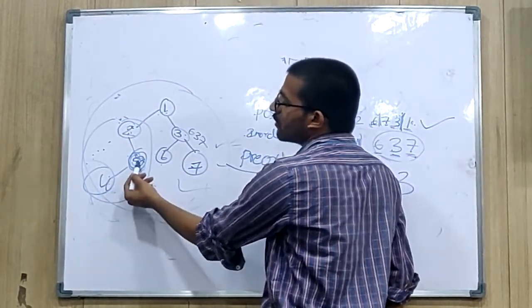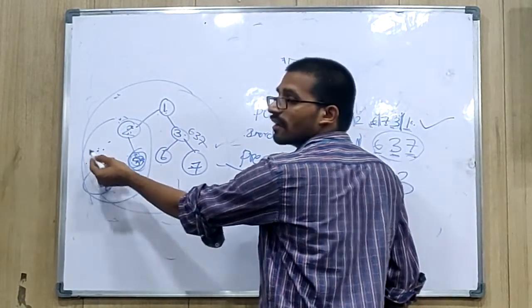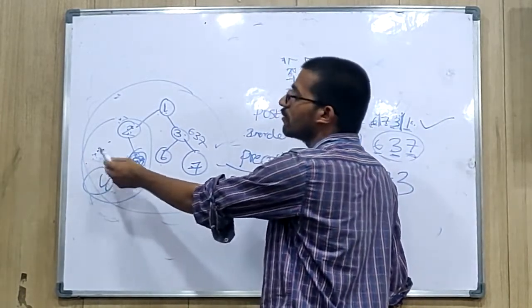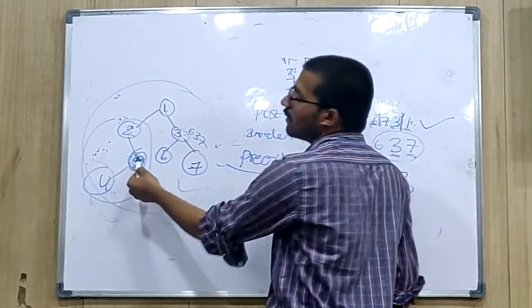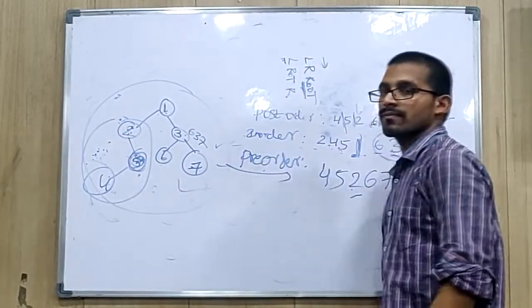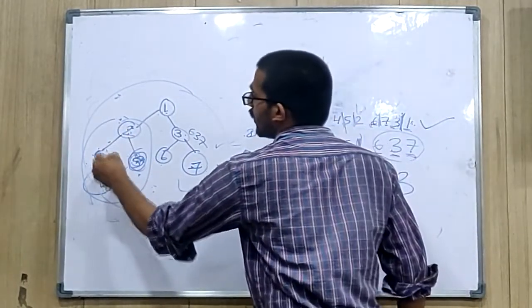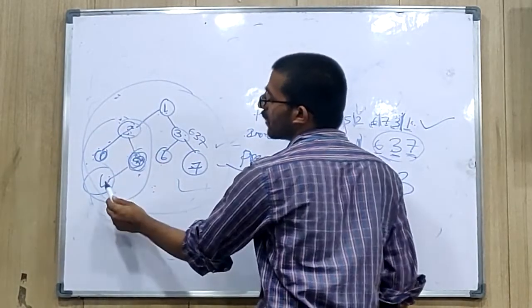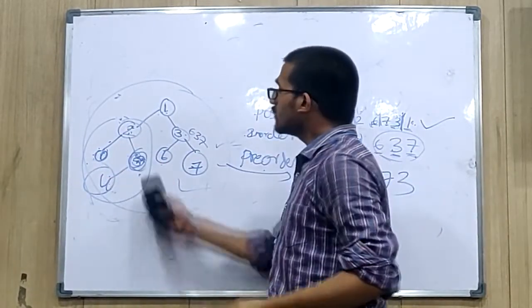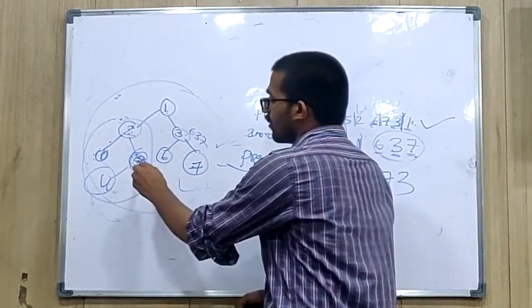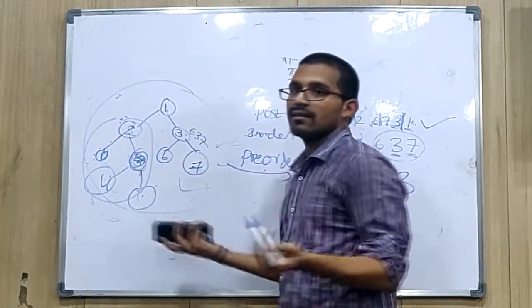After 4 we want to write 5. Before going to this, we want to check here: is there any element available? No. Then immediately write 5 after that. If there is any element like 0, we want to insert like 4, 0, 5 because it is a part of this. But if it will be like this, then there is no confusion.